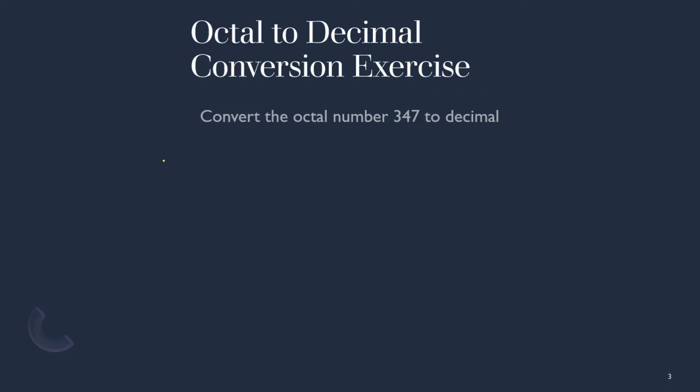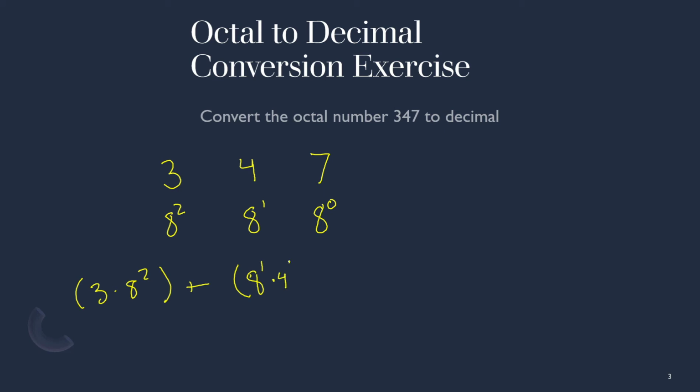So let's do another easy value, 347. Remember, this is the origin point, so it's going to be 8 to the 0, 8 to the 1, and 8 to the 2. We're going to do the same thing: 3 times 8 squared plus 8 to the first times 4 plus 7 times 8 to the 0.